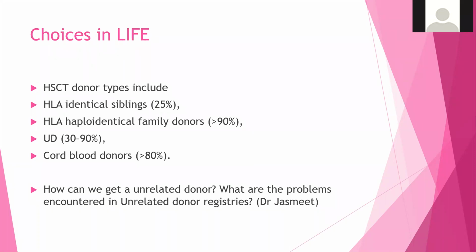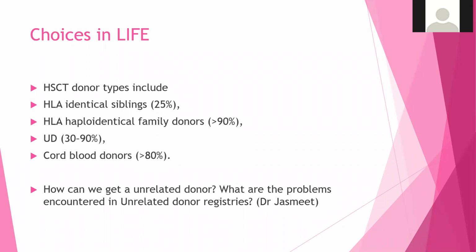Of course, some of my other panelists will be able to tell the difficulties they encounter, but I can highlight that we don't have any exceptionally great registries in India. Very often we need to access international registries. There are many registries they can access. The main constraint there is the cost.